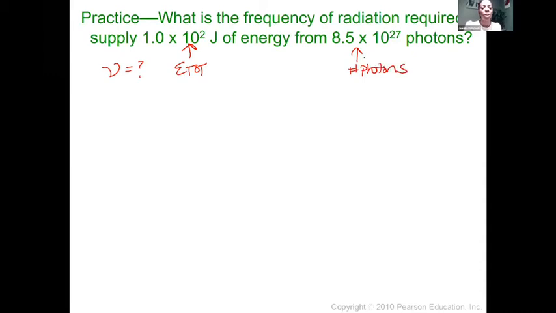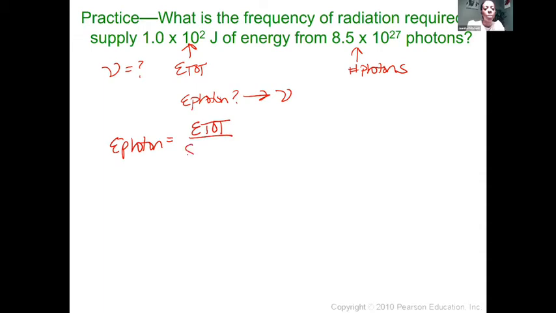Stepwise, we want to go from knowing this information to first figuring out what the energy of a single photon is, and then once we get that, we can calculate what our frequency would be. Given that we have the total energy and the number of photons, the energy of a single photon would be equal to the total energy divided by the number of photons.